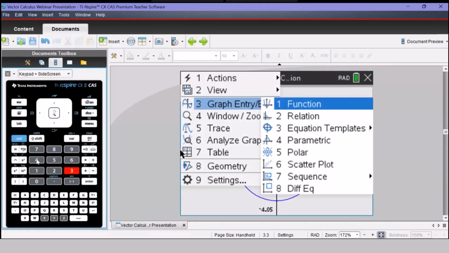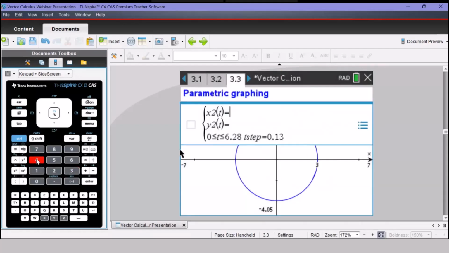If I press number 4, the reason it's gone to x2 of t and y2 of t is that we already have some parametric equations in x1 of t and y1 of t. If we go up with our navigation pad, I've entered 3 cos 2t for x1 of t and correspondingly 3 sine 2t for y1 of t.